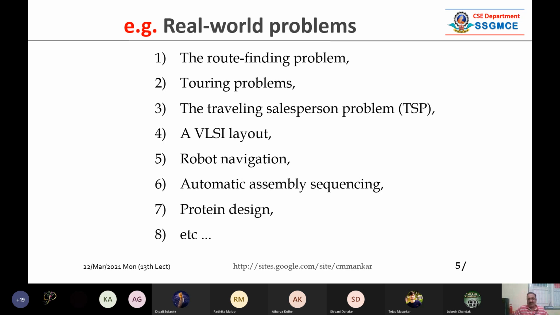We have seen the example of the car and robot in previous slides. Automatic assembly sequencing is there, and protein design is there. Protein design means molecule design in a chemical laboratory. So these are the 7 problems, particularly in unit number 2. Try to get theoretical information about them. I hope most of you are familiar with them.